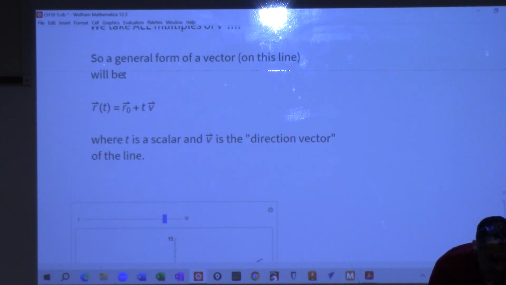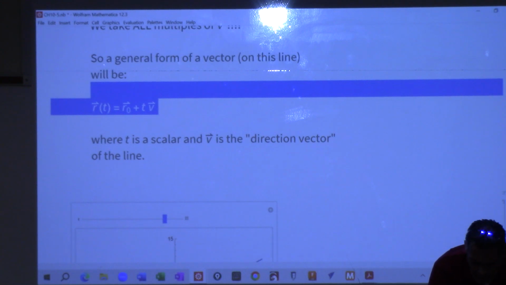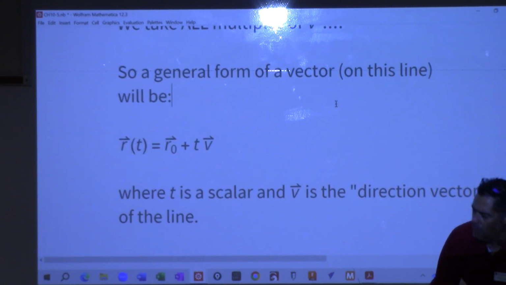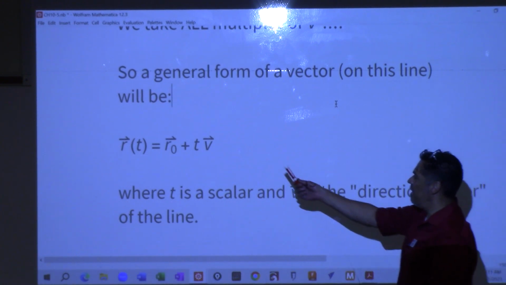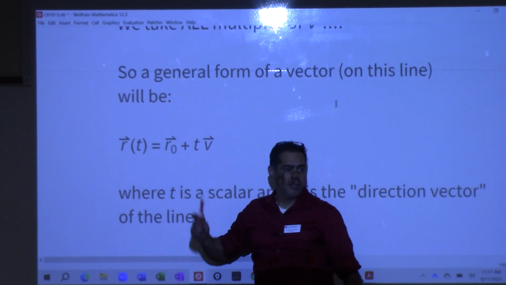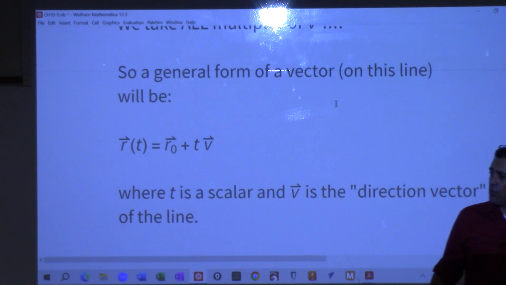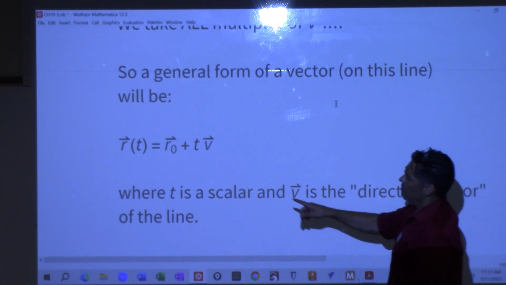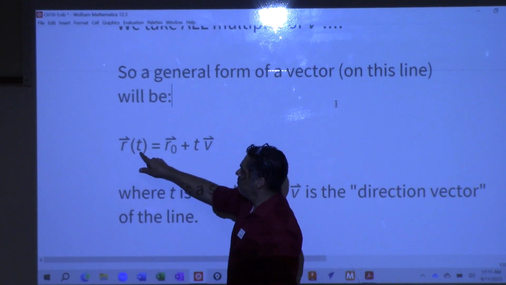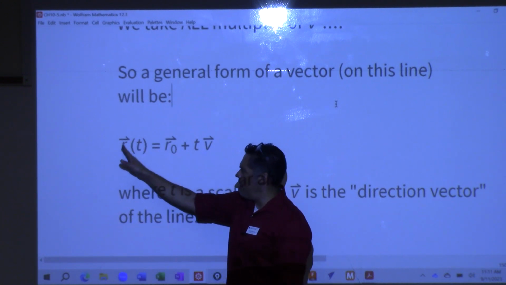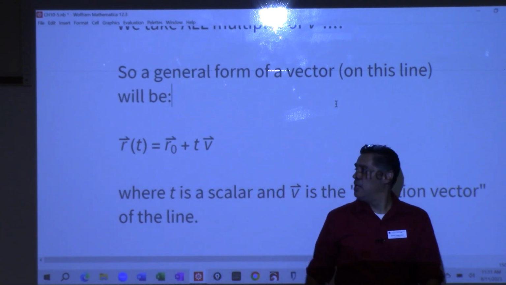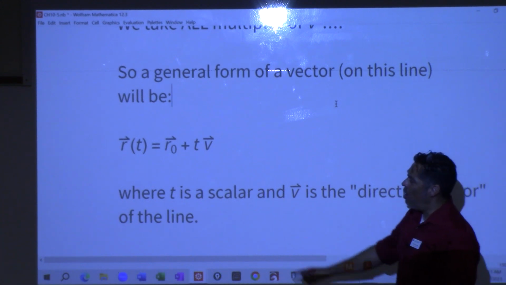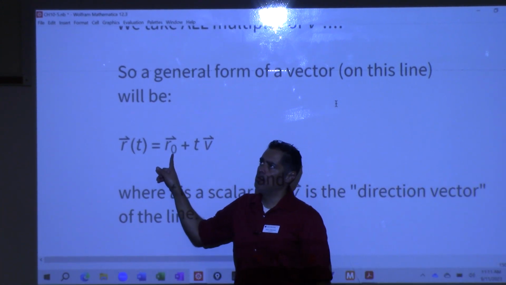So that gives us a generic formula, which is right there. This is the actual equation of a line, the vector equation of a line in either 2 or 3 dimensional space. So we write R of t, like functional notation, like instead of f of x, we write R of t, and then equals R0. So what's R0?